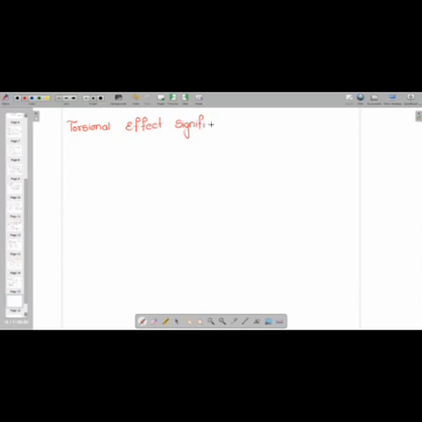The options are: lintel, T-beam, cantilever beam, and L-beam. What is the answer?